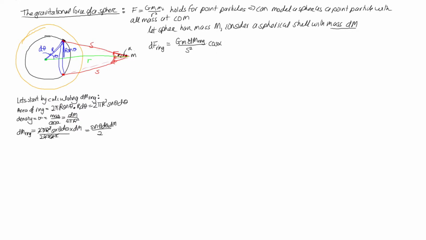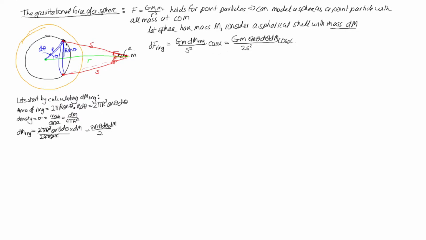So now we can substitute this into this expression here for dm ring. So this is equal to G m times dm ring, which is sine theta d theta times dm, and then we've got the 2 s squared on the bottom times cos alpha.